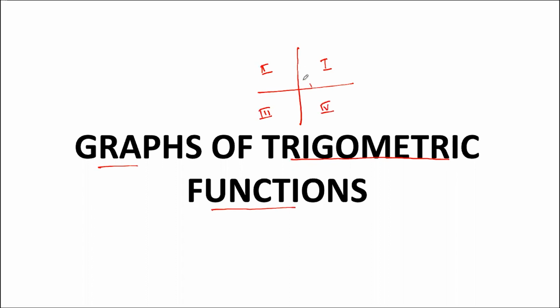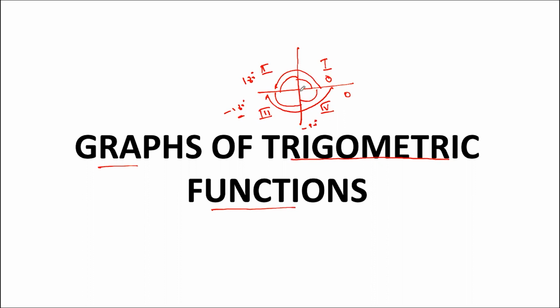The first quadrant means the angle between 0 to 90, then 90 to 180, 180 to 270, 270 to 360. Or we can say this angle is going from 0 to 180 degree, or in anti-clockwise rotation, this is going from 0 to minus 180 degree. So this will be minus 180 degree, minus 90 degree, or we can write this as 270 also.